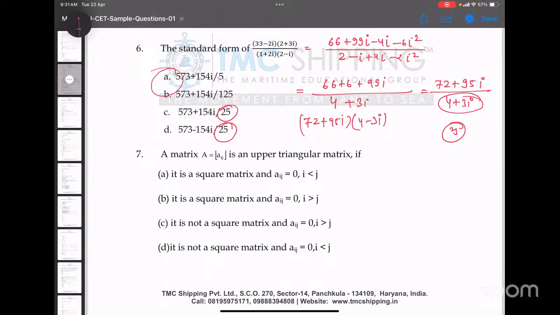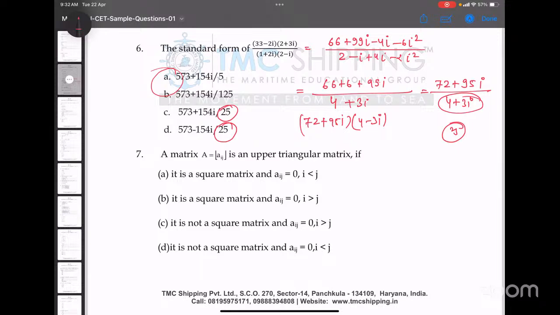If you look at the options, 573 in both the cases with plus sign, and 154 and 154 in the imaginary part with plus and minus sign.